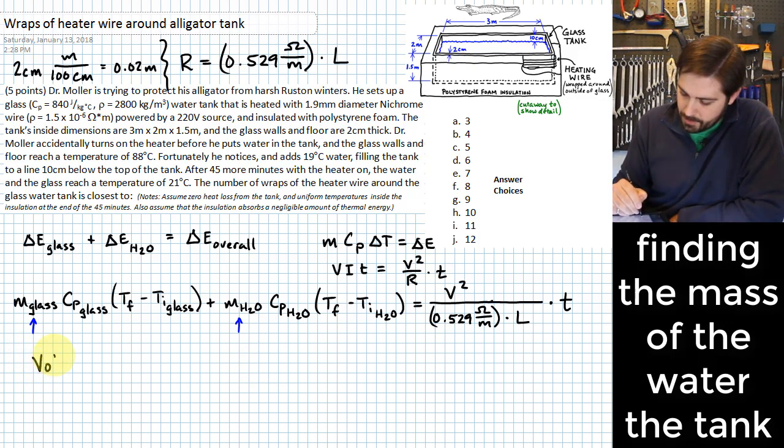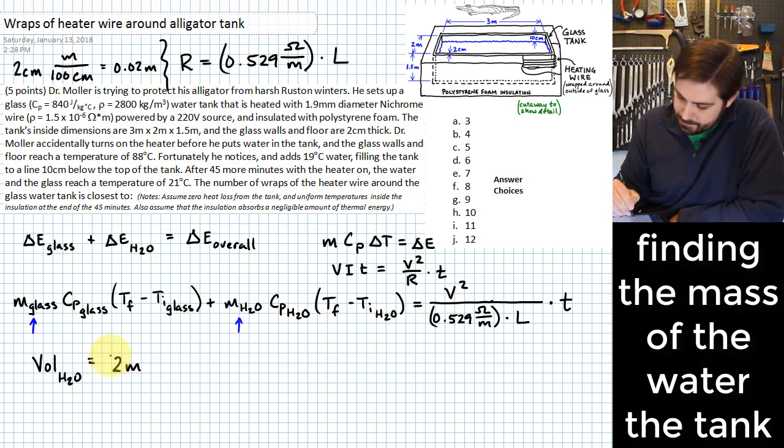So we're going to find the volume of the water first. Only thing that's a little bit tricky about this is that the water level is actually 10 centimeters down from the top of the tank. And so we're going to put in, we're given the inside dimension, so that's good.